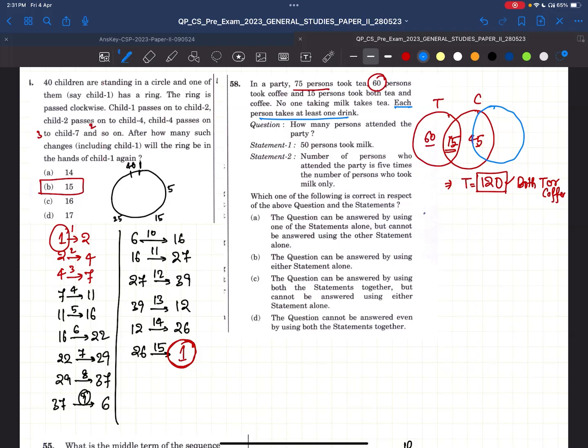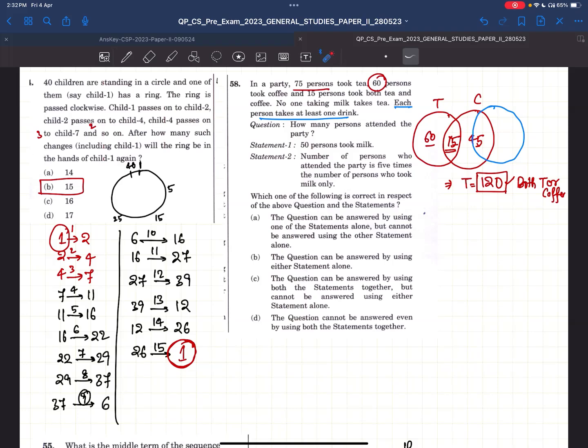What is statement one? 50% took milk is given. This entire value is 50. But we don't know how many people are in common between coffee and milk. So there is no use of this statement to us.